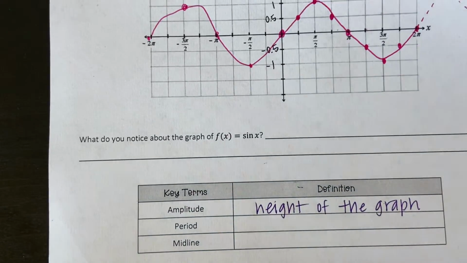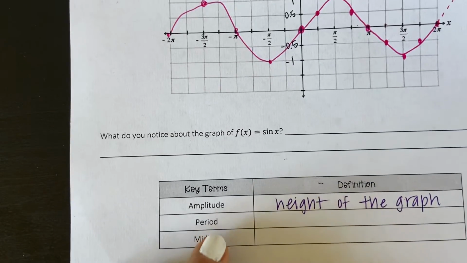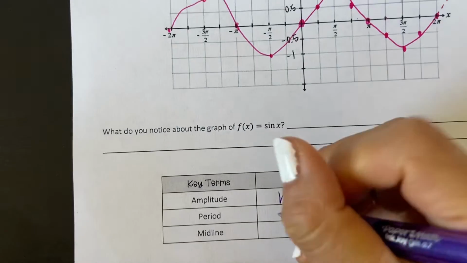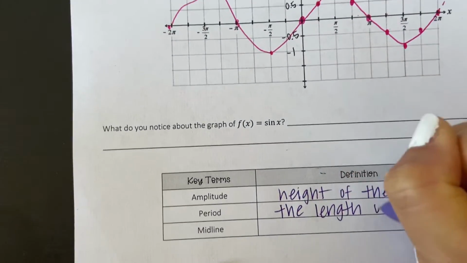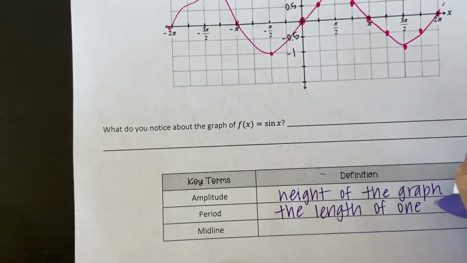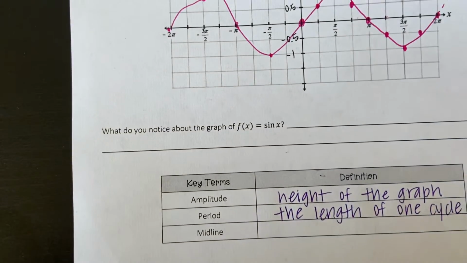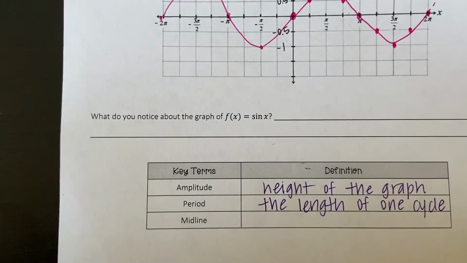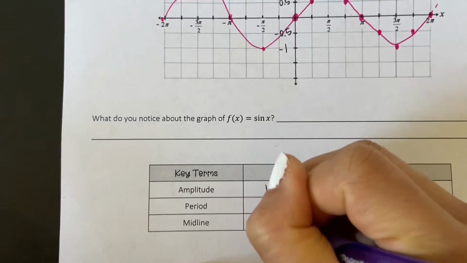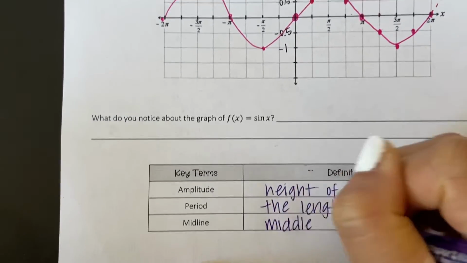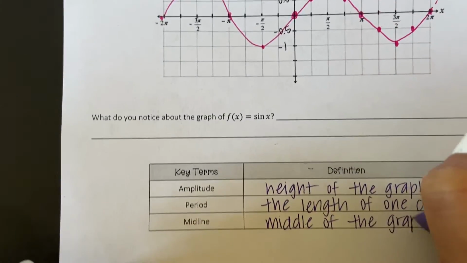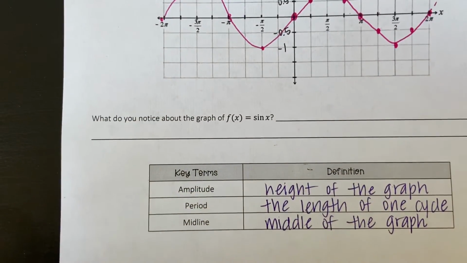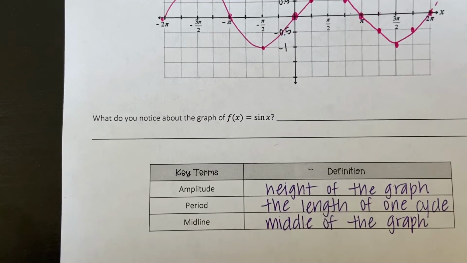The period is the length of one cycle, and then the midline is the middle of the graph. So go ahead and type in all of those definitions into your Google Docs.